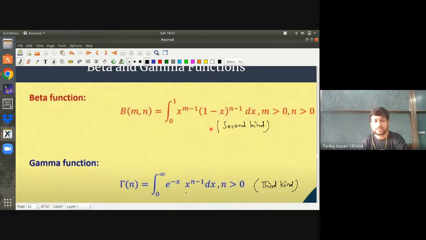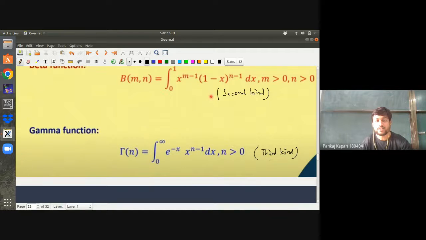Why is this integral an improper integral of the third kind? Because one of the limits is infinity. Therefore, this is first kind. And note that this function x to the power n minus 1 will become unbounded.